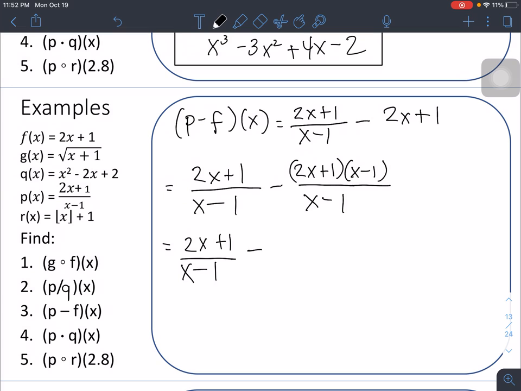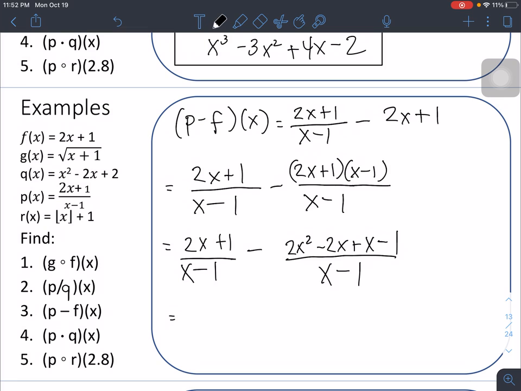So I need to perform the FOIL method here. So this will be 2x squared minus 2x plus x minus 1, all over x minus 1.